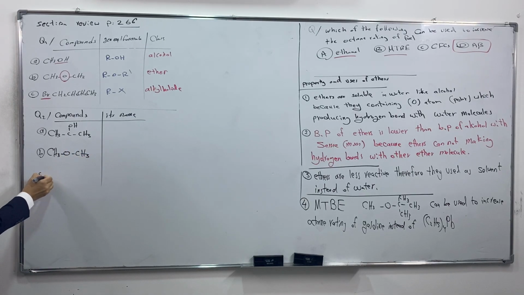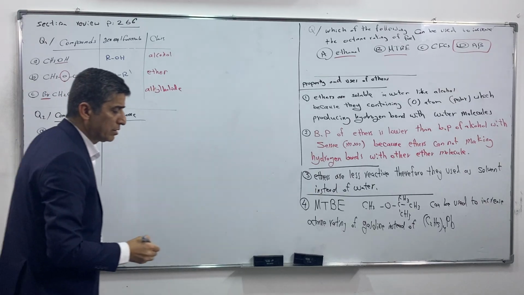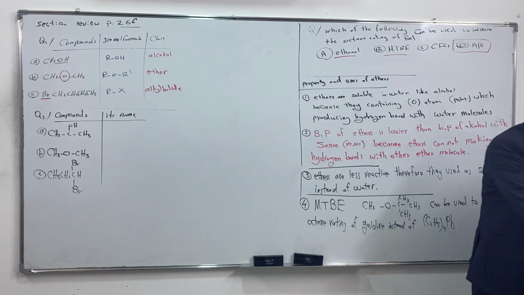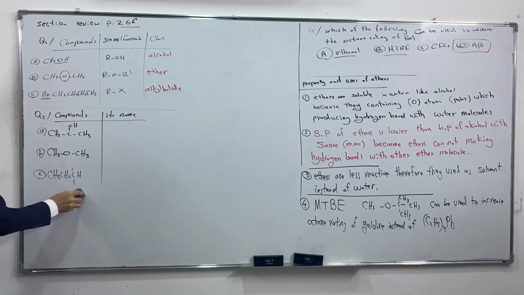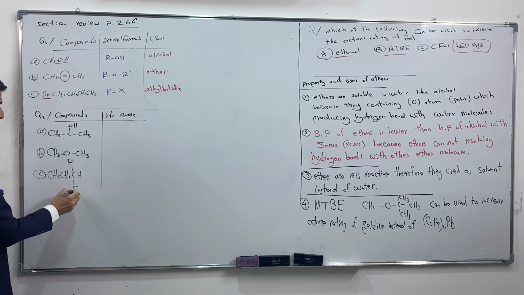And the last one, C, we have this compound. I think we have fluoro, not bromo. Yes, we have fluorine atoms here, not bromine atoms. We have two fluorine atoms here and here.